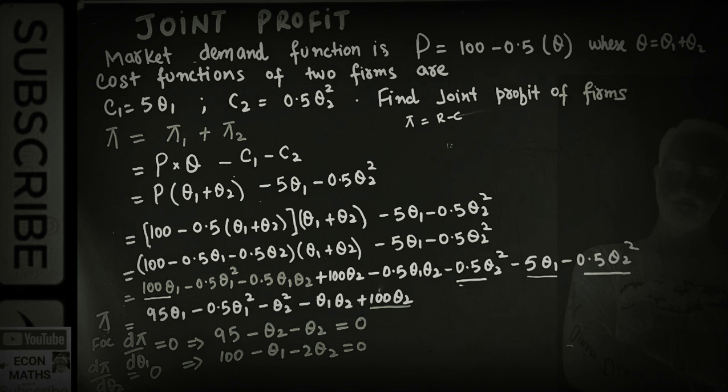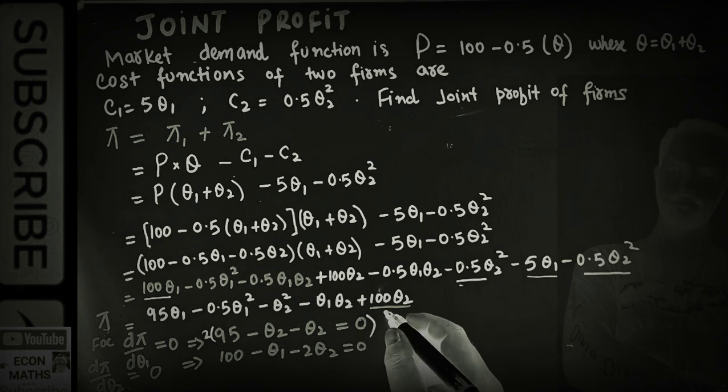Is there any way to make the coefficient of either of the two terms the same in the two equations? We have q2 here, so let me multiply this equation by 2.